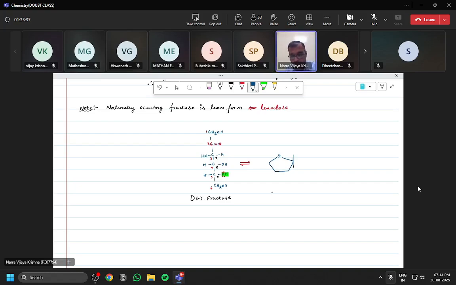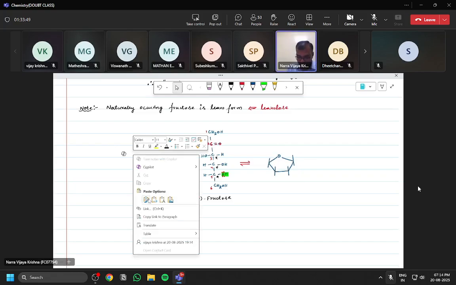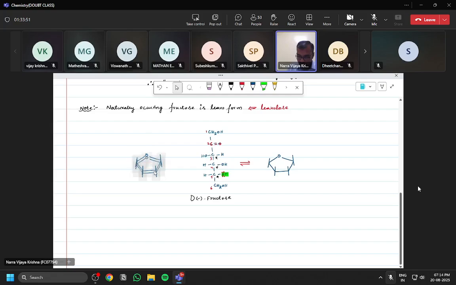Remaining all substituents will not change except the configuration at the second carbon. So this is that second carbon.